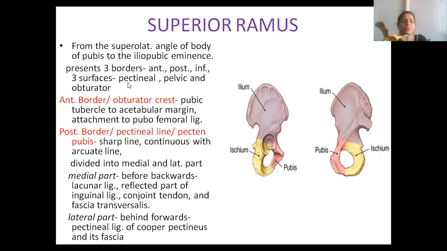Then we have three surfaces. What are those? We have the pectineal surface, the pelvic, which is always a smooth surface, and the obturator surface. So we have the pelvic surface, which is inside, quite smooth. Then we have the pectineal surface, which is this. Between the anterior border and posterior border, whatever surface we have is the pectineal surface.